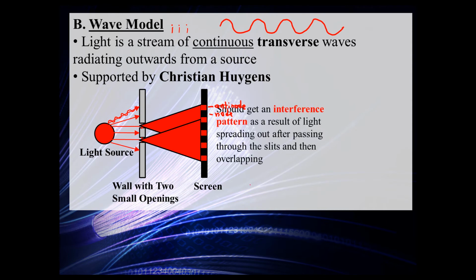So in this case, if light is a wave, continuous transverse waves coming from a source, you should get an interference pattern. This is only possible because the light spreads out and diffracts as it passes through the slits. And because it spreads out, the light overlaps. And if it overlaps, we get interference.